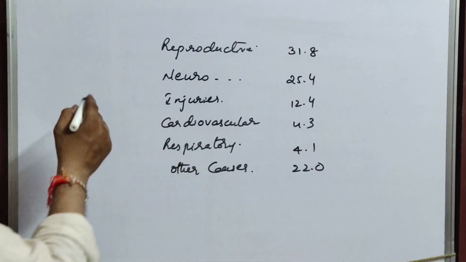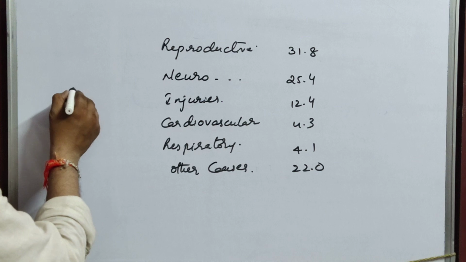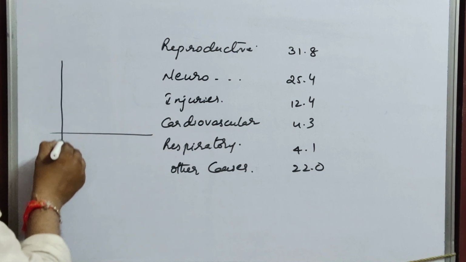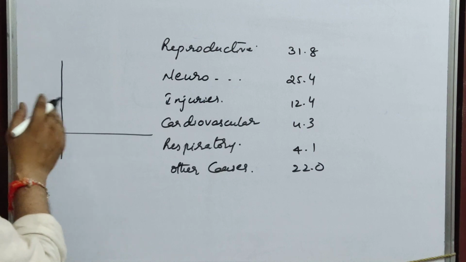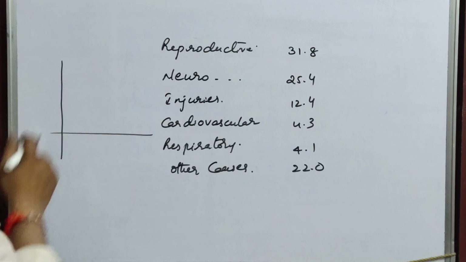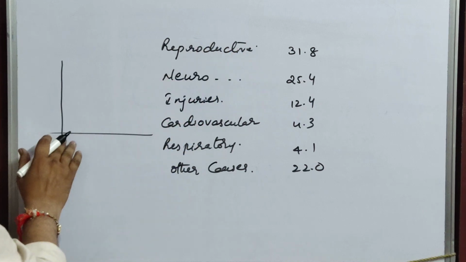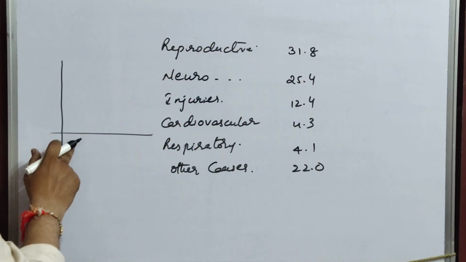Here first we have to draw the x-axis and y-axis. Till now we have drawn four quadrants, but here there is no need, because for the bar graph you have to start from the starting point onwards.